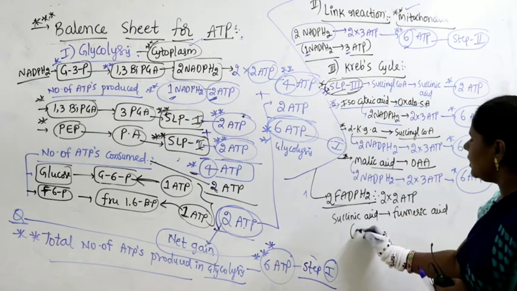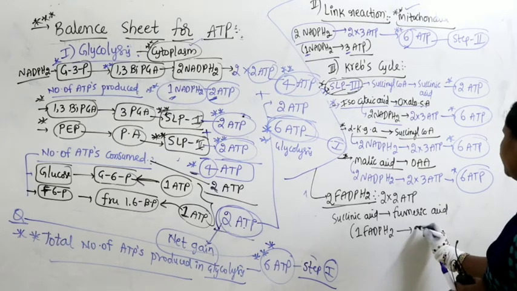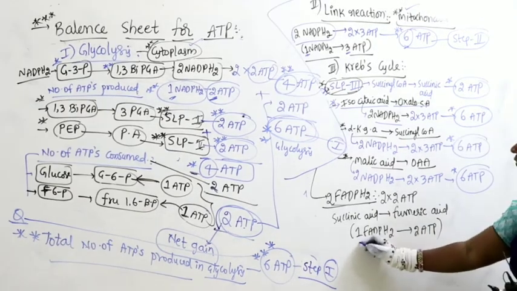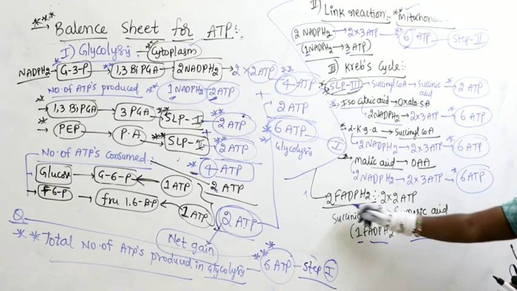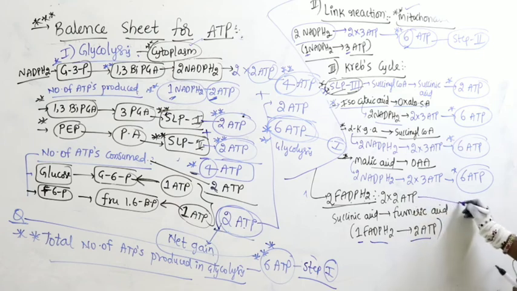Why? Because each FADPH2 contributes 2 ATP. So 2 FADPH2 meaning 2 into 2 ATP generates 4 molecules of ATP.